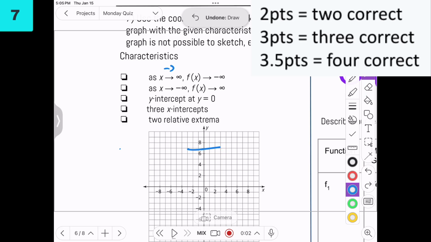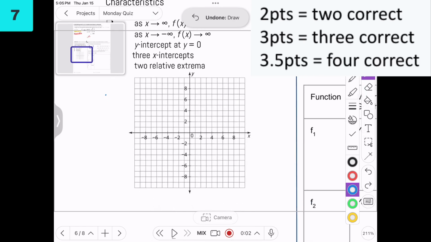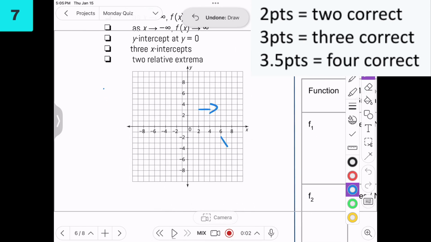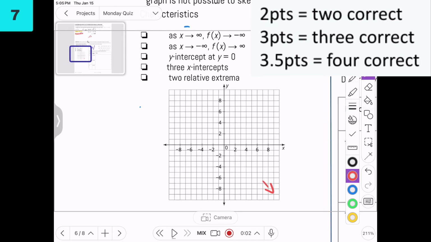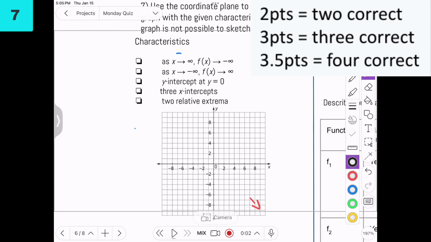So, in other words, if I go this direction, my y eventually has to go down. So I can go ahead and write this end behavior as such. And when I go to the opposite direction, when x approaches negative infinity, my y actually goes up. So because of that, I can go ahead and write this end behavior as such.